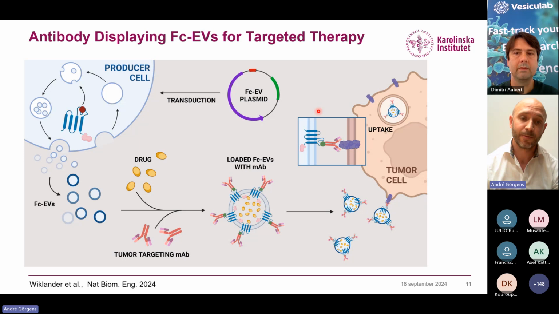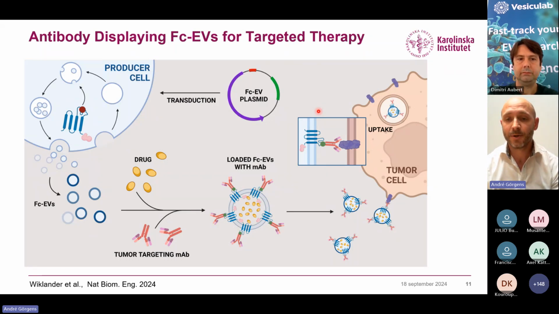Since then, similar systems with fusion constructs with one EV sorting domain fused to a targeting moiety, targeting various tissues in the body, have been shown and published.